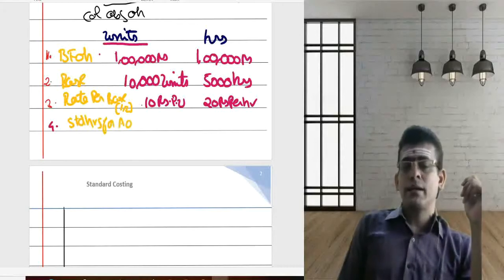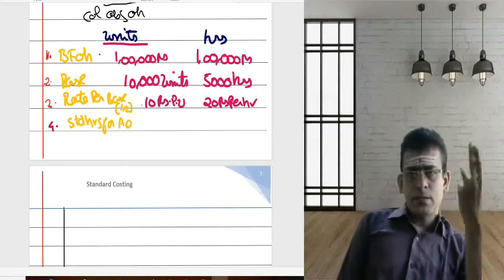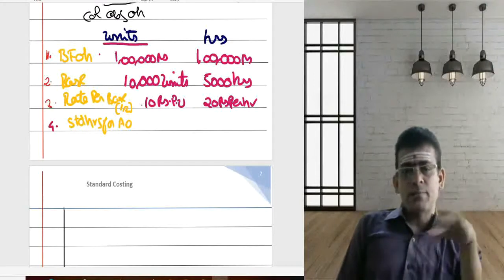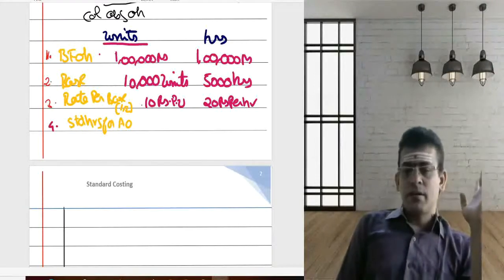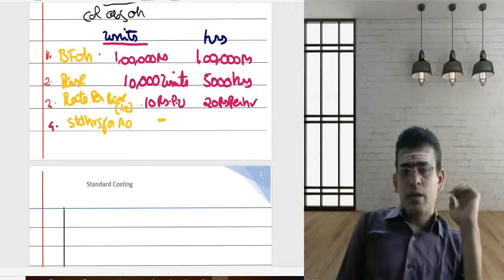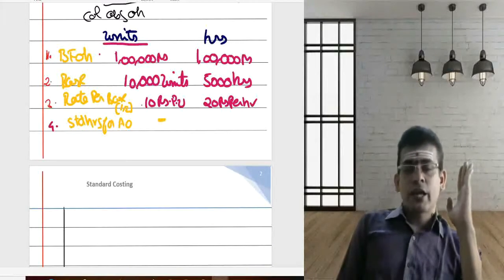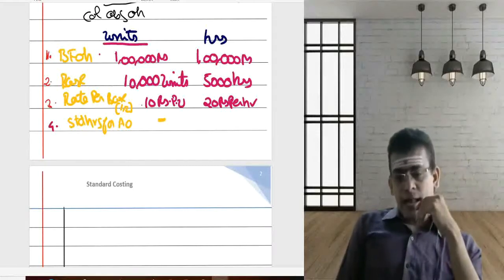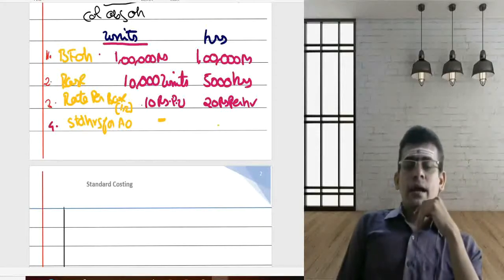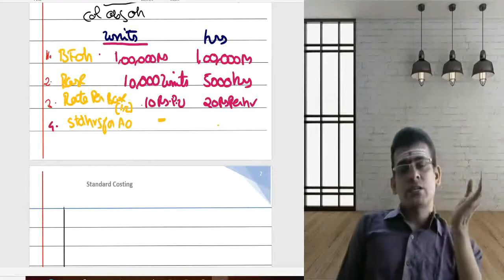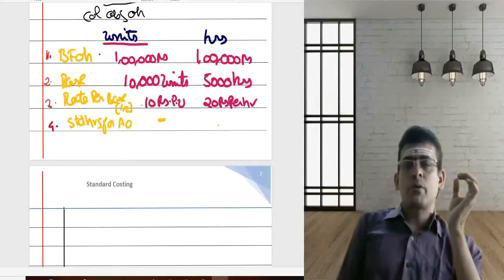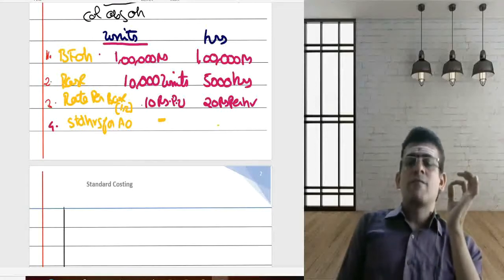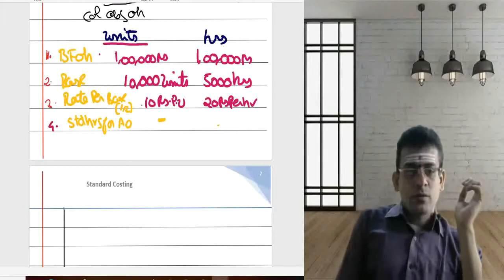We have discussed how to calculate that when we did it for labor. This I need not calculate when I calculate the absorption cost based on units. I need to calculate it only when I do the calculation based upon hours.